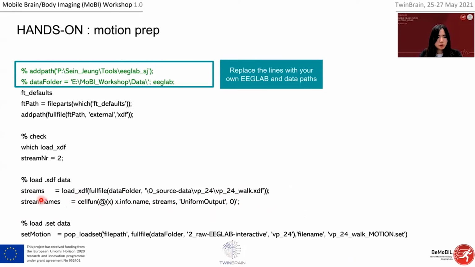This is for plotting, actually. And then you load the .set data that you have already imported to BIDS. If you were able to follow the previous session, you should already have the set files in this 2_raw EEGLAB interactive folder. And now you have the set motion data variable that you can plot and compare.